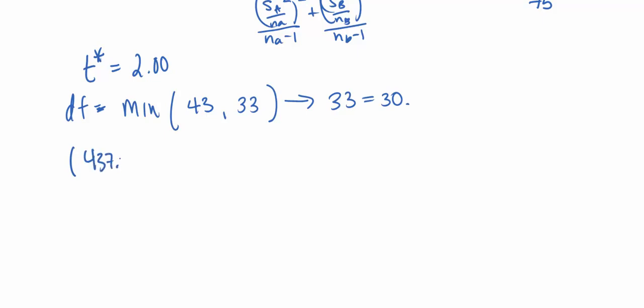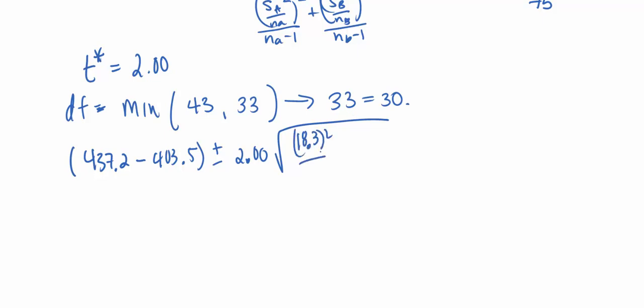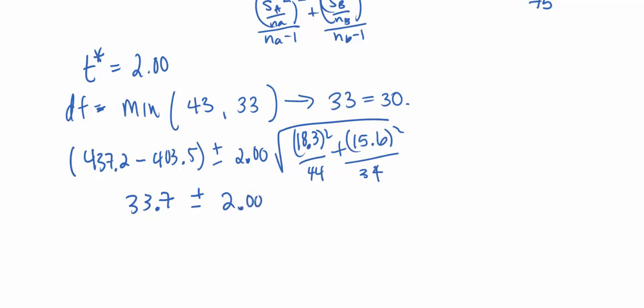So that's 437.2 minus X bar B, the average from the second route, 403.5, plus or minus a T critical value of 2.0 times the standard error of 18.3 squared over the sample size of 44 plus 15.6 squared, all divided by the sample size of 34, and we'll get a point estimate of 33.7 plus or minus, again, the critical value of 2.00.